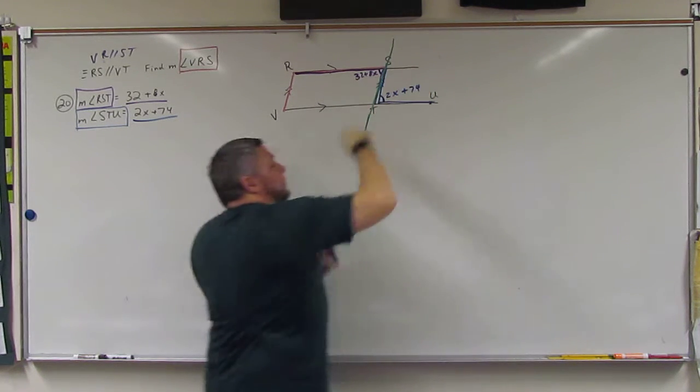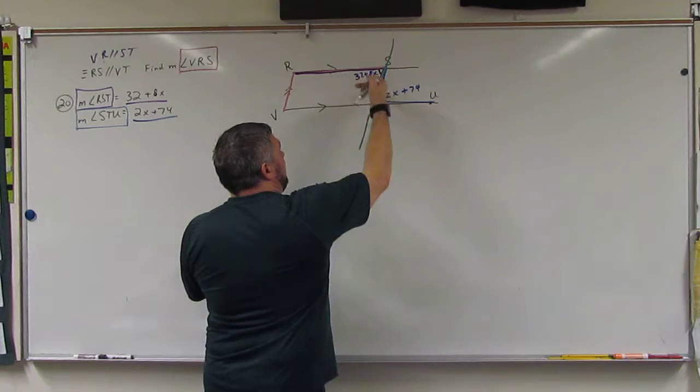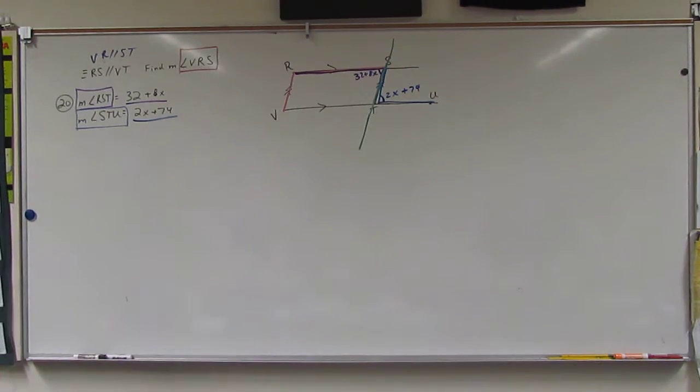So we should be able to go, okay, are purple and blue congruent? Are they 180? Are they 90? What are they? Are they supplementary, complementary, or congruent? Which one are they?